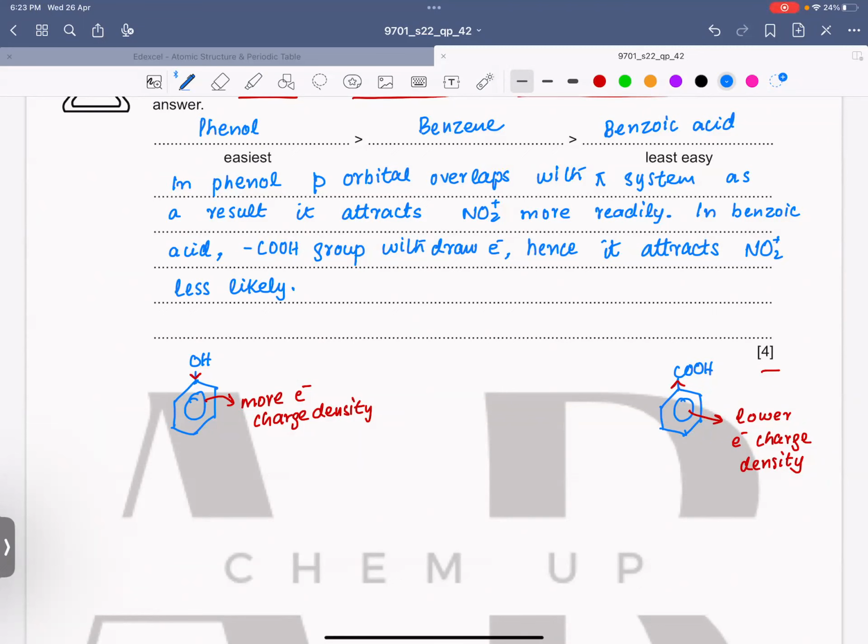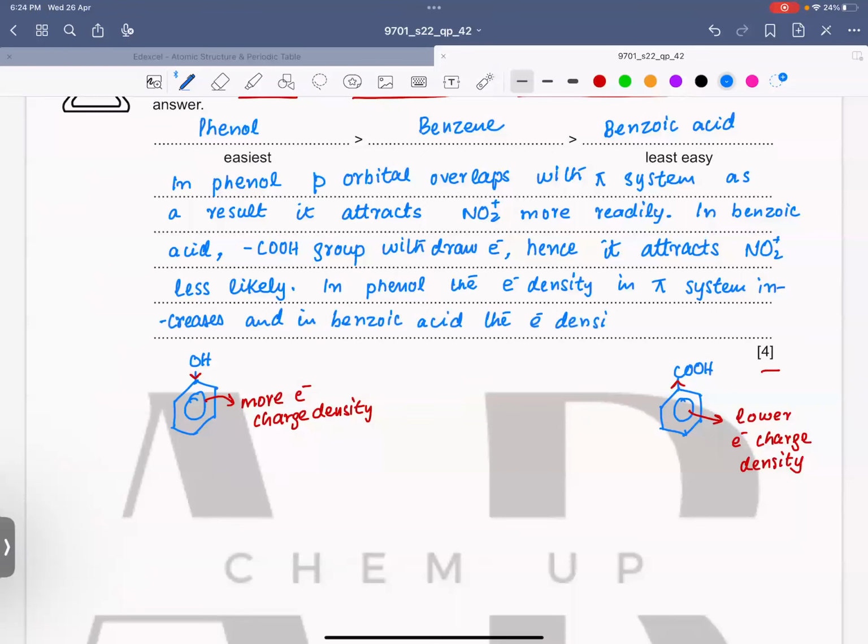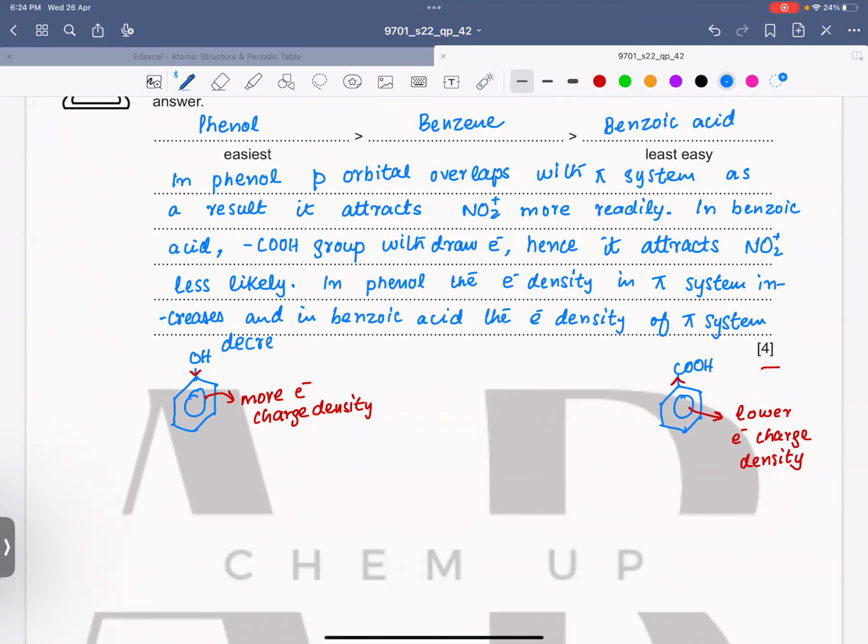So further we can comment that in phenol, the electron density in the pi system increases, and in benzoic acid, the electron density of the pi system decreases.